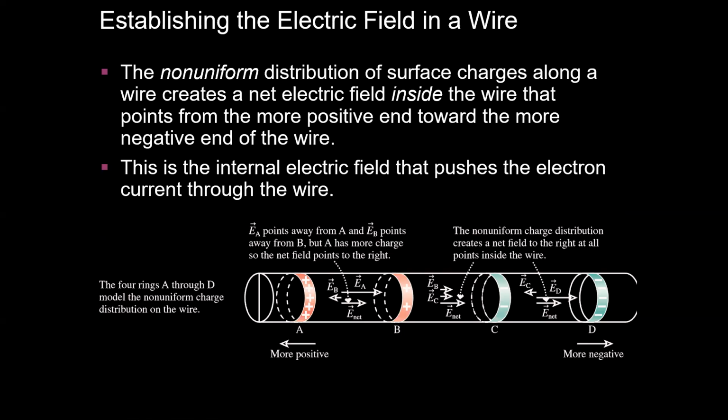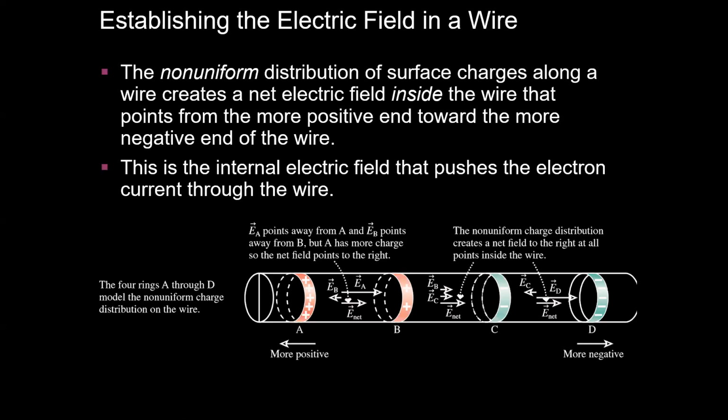The non-uniform surface charge density always creates an electric field that points from positive to negative, or positive to less positive, or positive to zero, or zero to negative, or negative to more negative. That is the direction of the electric field created when the non-uniform surface charge density is imposed on the wire. So this is the important idea behind electric current.